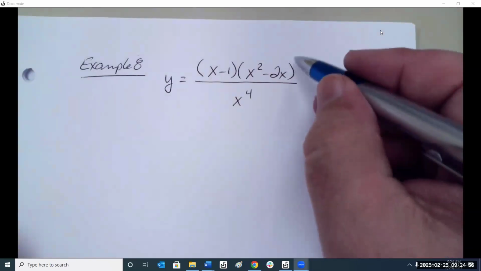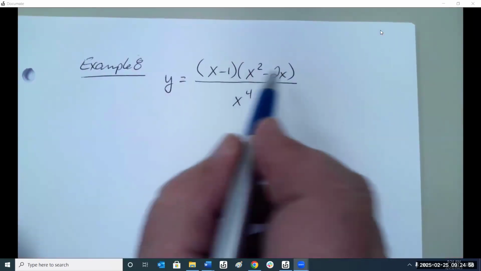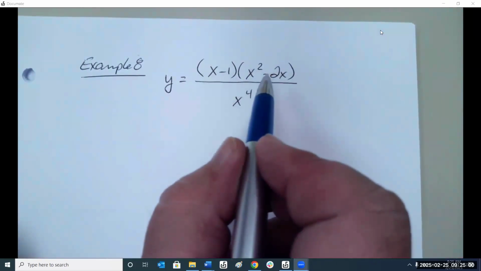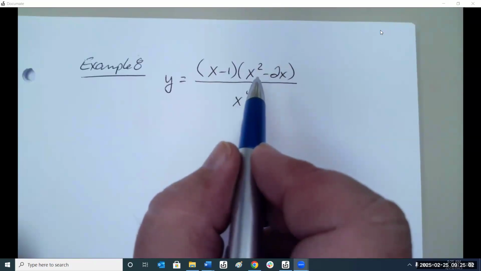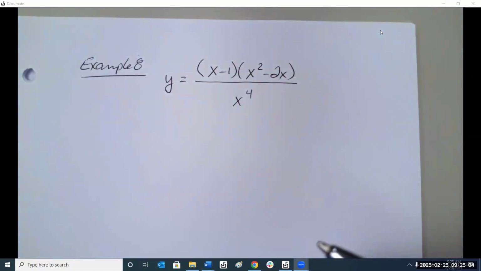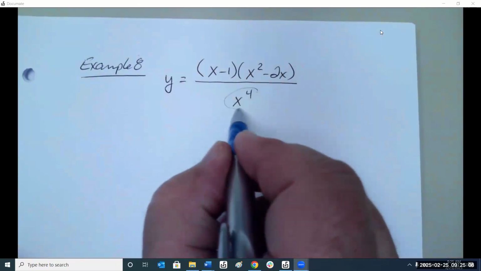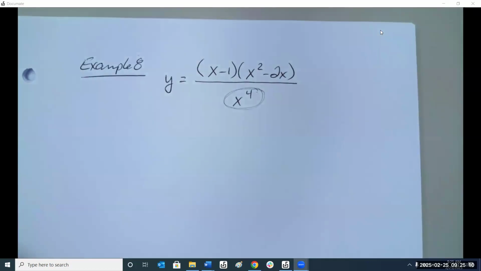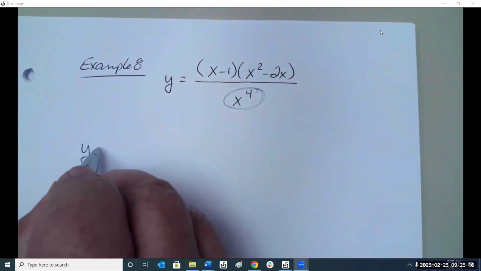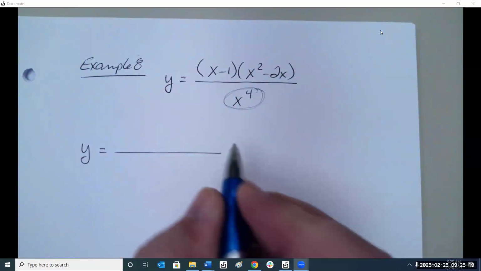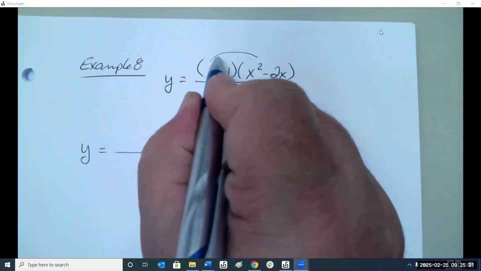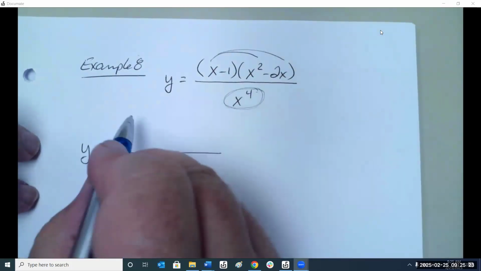You can treat this as a quotient, but the top you have to do a product rule. Or there's another way. Since the denominator is a monomial, let's go ahead and FOIL the top. Get rid of the parentheses.